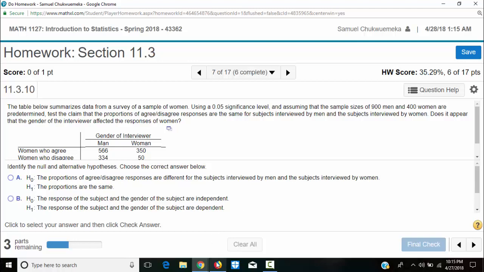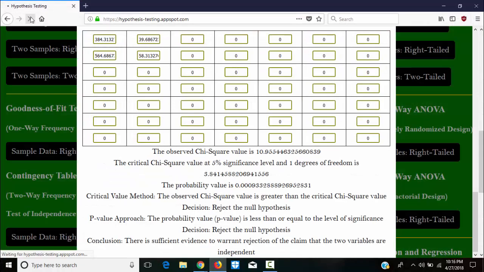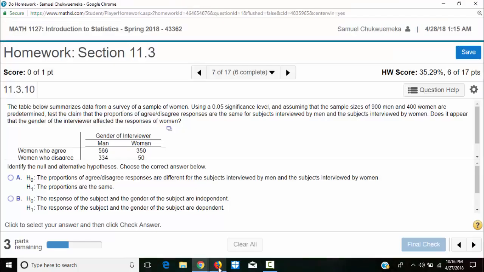Question 7. Let me refresh this. The table below summarizes data from a survey of a sample of women.